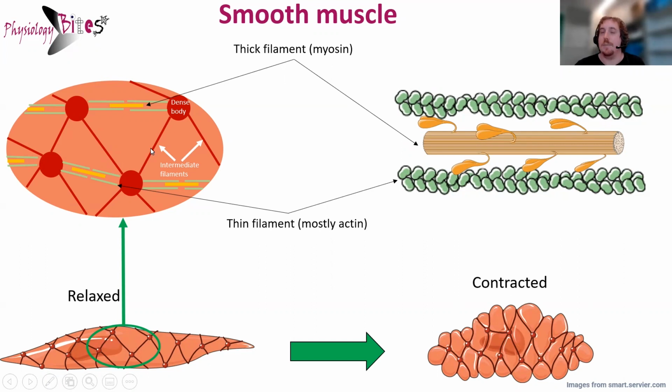The dense bodies and intermediate filaments simply support that. And this is all due to calcium influx. How that calcium influx occurs can be due to a bunch of different reasons. It can be electrical, it can be hormonal. Other chemicals can cause calcium to come in and eventually cause this process. But it is always this process: myosin heads grab onto actin and we have the sliding filament theory. That causes our relaxed smooth muscle to become this contracted smooth muscle.